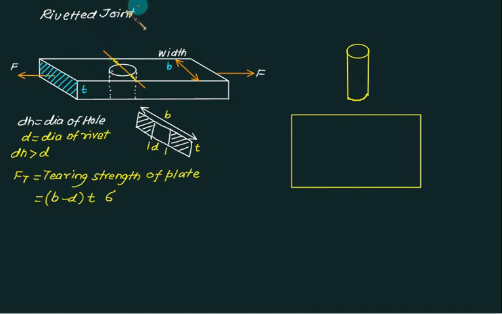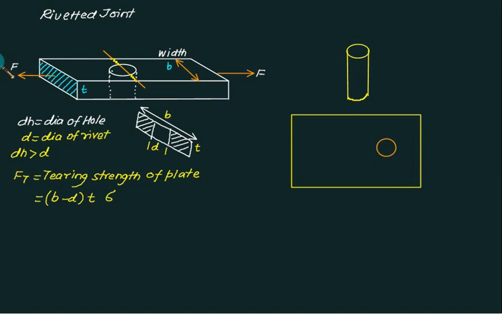Where should I make the hole? That is also important. If I make my hole here, then this is a very small length. But instead of this, if I move my hole to here, then I get more resistance. So this is a tearing of the edge. Naturally, you have to keep some margin here. You cannot put this rivet hole here; you have to put it somewhere here.